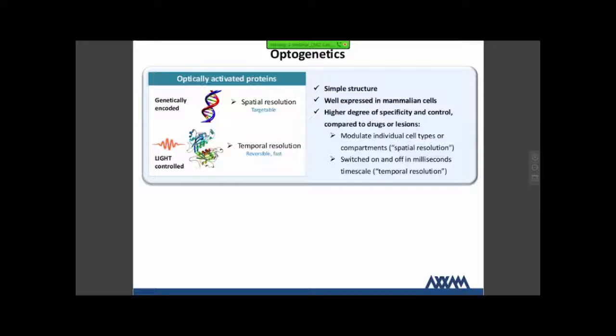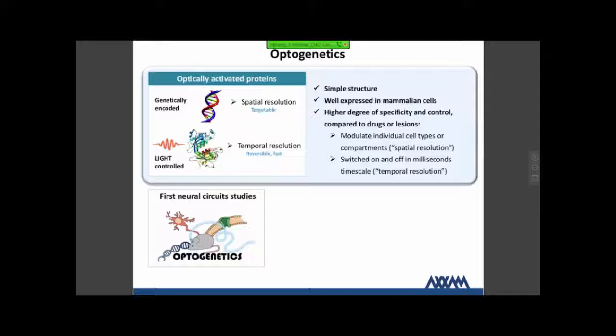So you can achieve a very high degree of spatial resolution, and you can also modulate them by light stimulation. So you can switch on and off your tool in a millisecond timescale, which is very relevant for biological processes. And all these concepts of spatial resolution and temporal resolution are something that you couldn't achieve by drug stimulation, for example.